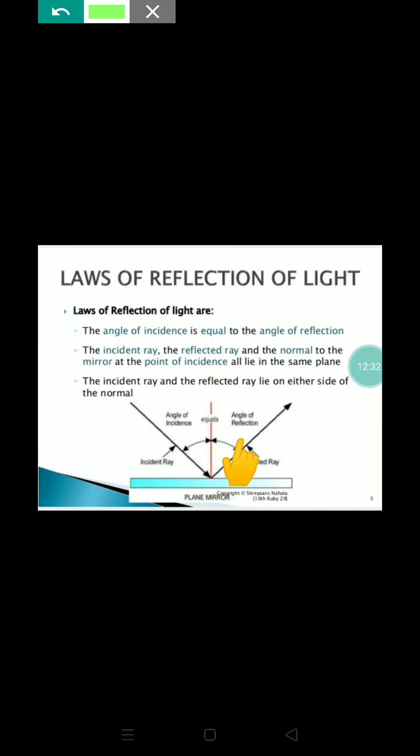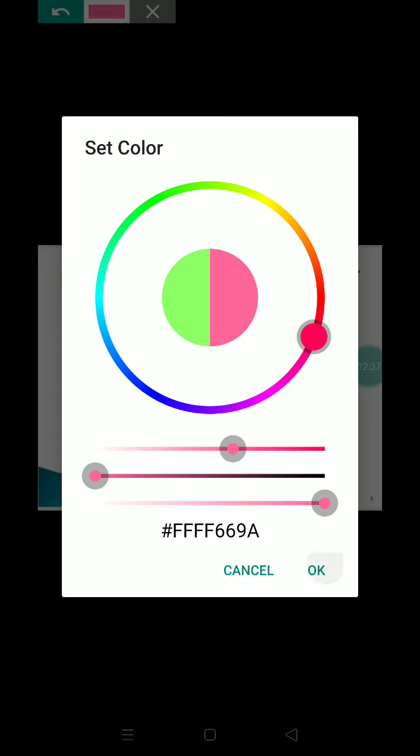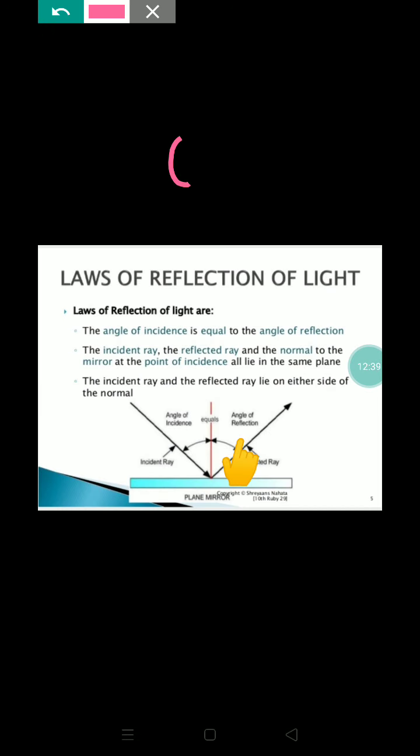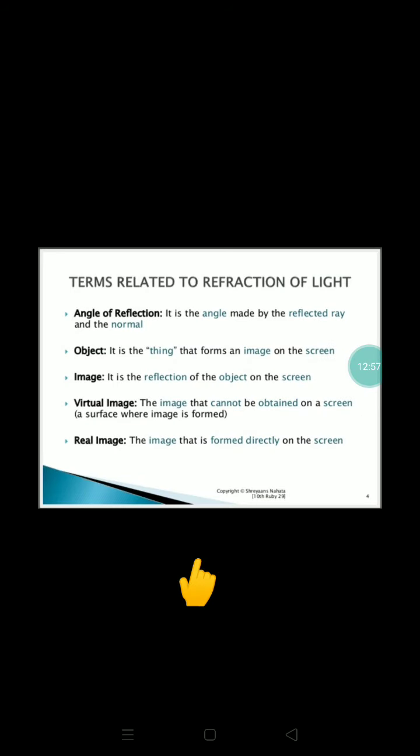That means we can write, according to the first law of reflection, angle of incidence i is equal to angle of reflection r. That is our first law. Okay, is it clear? Then second law: the incident ray, normal and reflected ray lie on the same plane. These are the two laws of reflection.